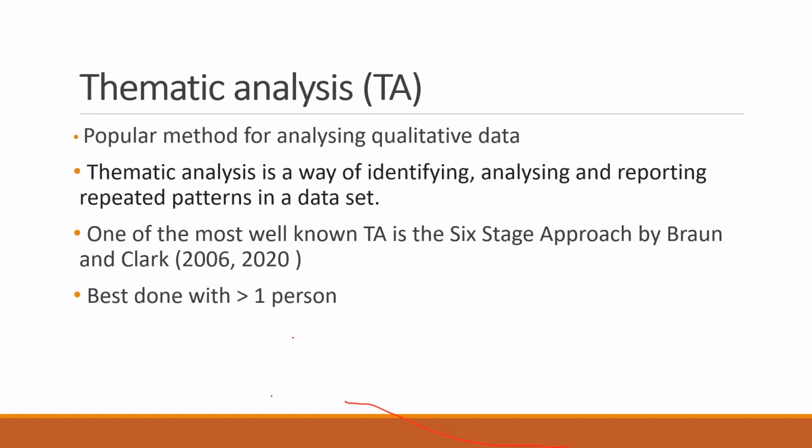Thematic analysis is a popular method for analyzing qualitative data, and it's a way of identifying, analyzing, and reporting repeated patterns. So one looks for similarities in the text. One of the most well-known ways to undertake thematic analysis is the six-stage approach by Braun and Clark, which first came out in 2006 and was updated in 2020.